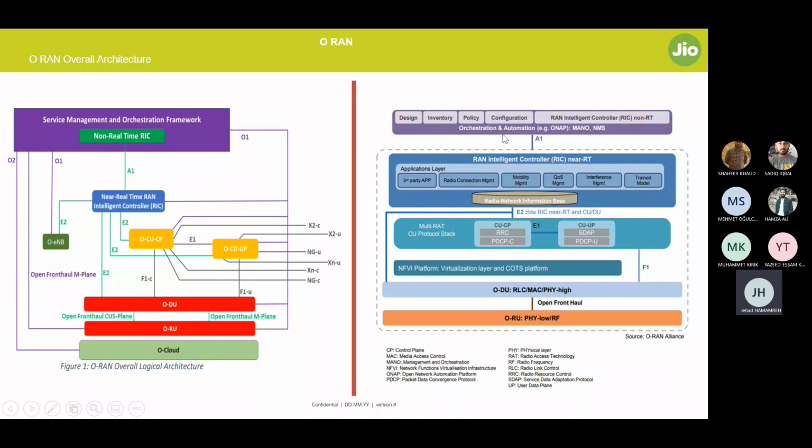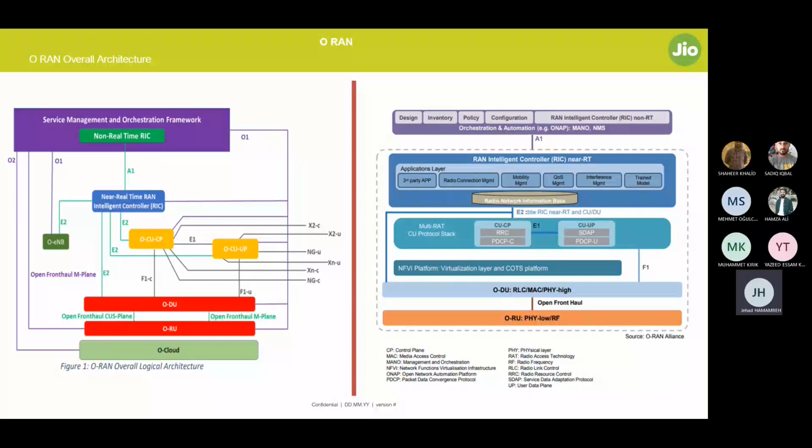This layer is responsible for configuring and controlling the whole Open RAN system, design, inventory, policy, even running some machine learning and artificial intelligence techniques to extract knowledge and utilize it to optimize the network. So this is the architecture of Open RAN in a nutshell.